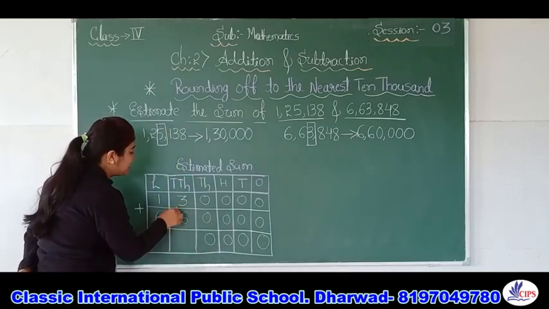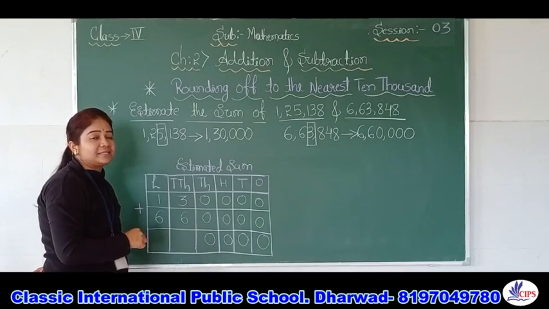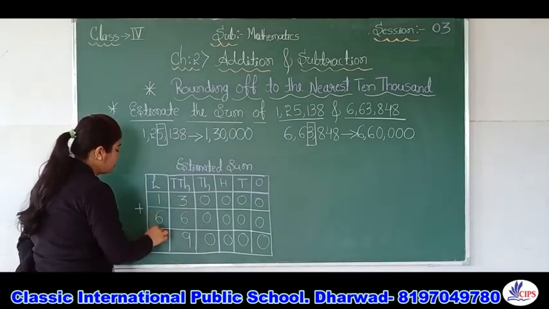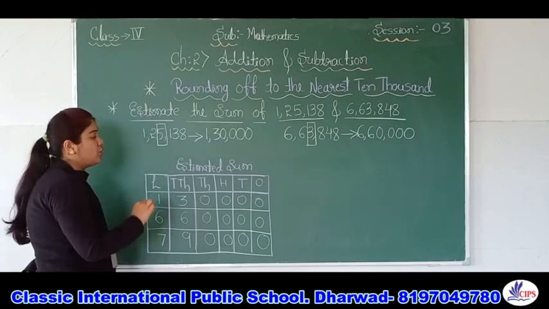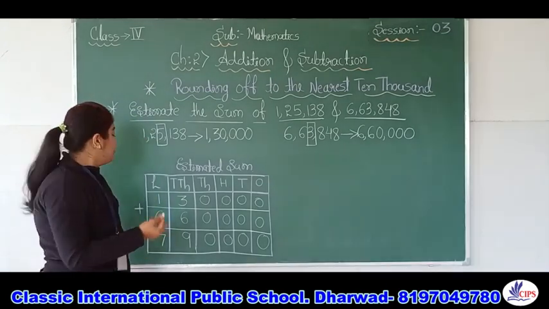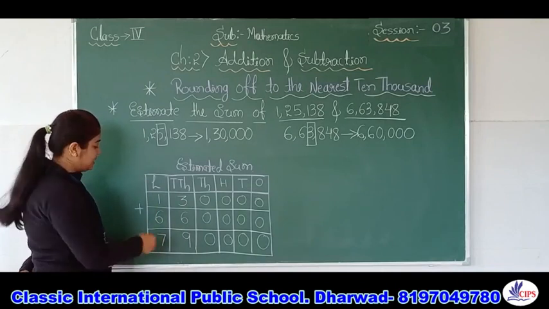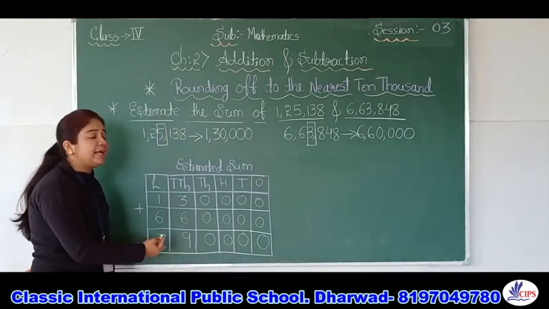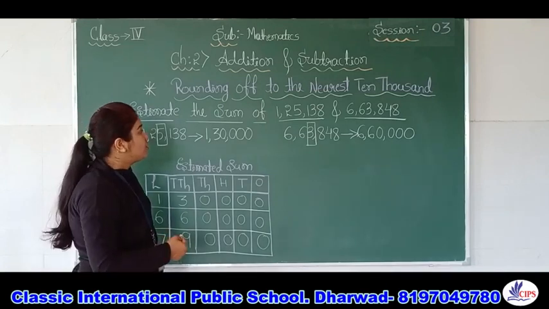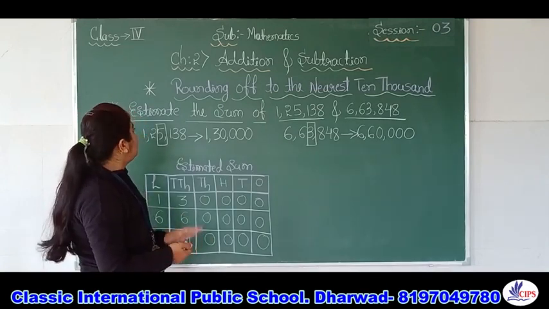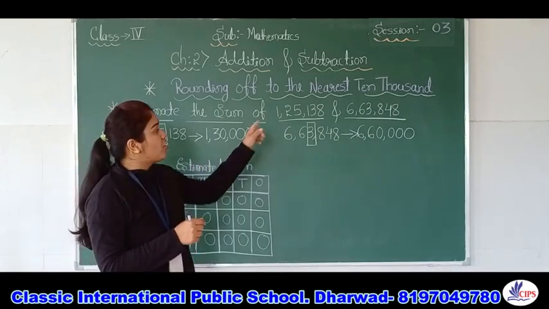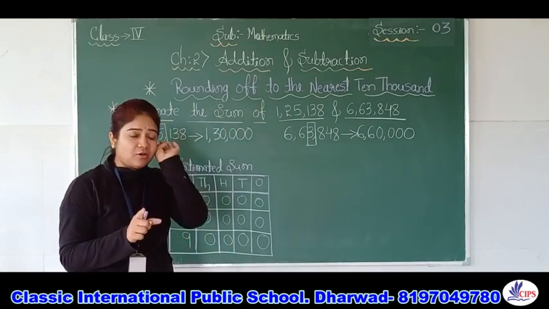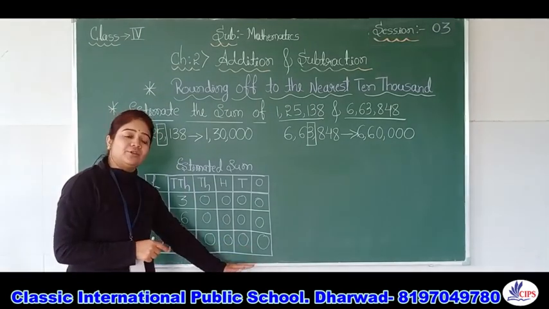Next, 6 plus 3, 9. 6 plus 1, 7. So, after estimating, we are getting the answer as 7,90,000. So, this is our estimated sum. If they ask only to estimate the sum of these two numbers, rounding to the nearest 10,000, only this much you have to solve.